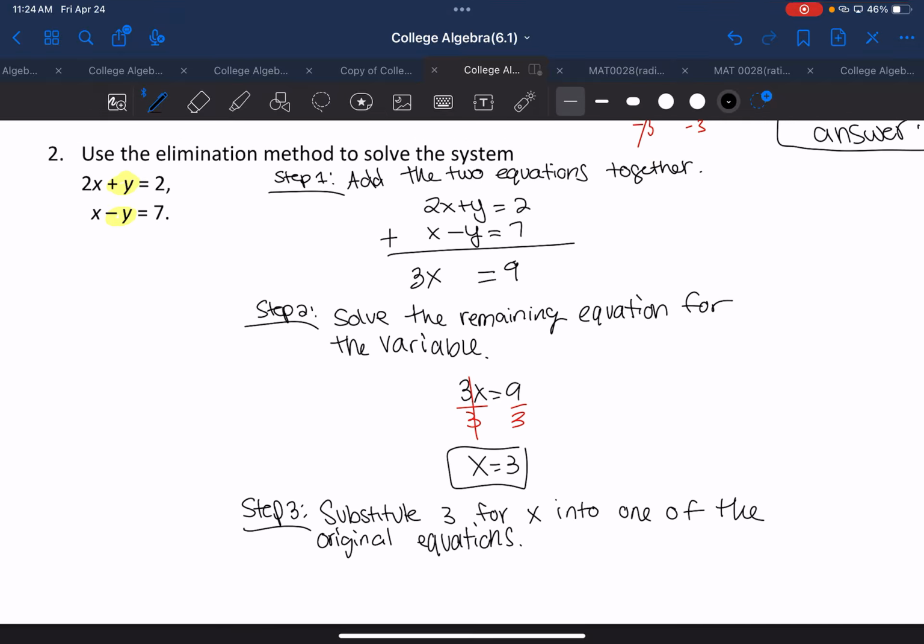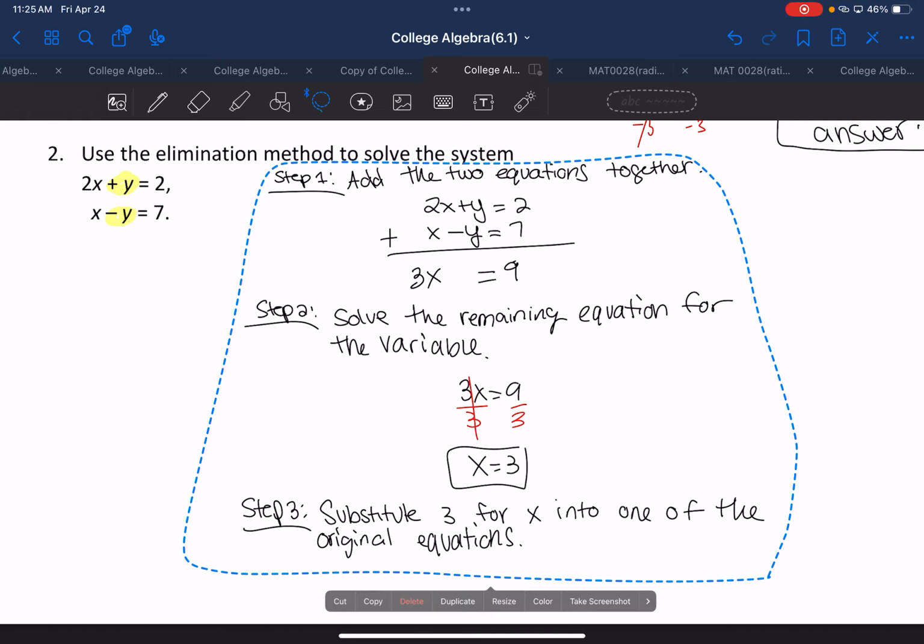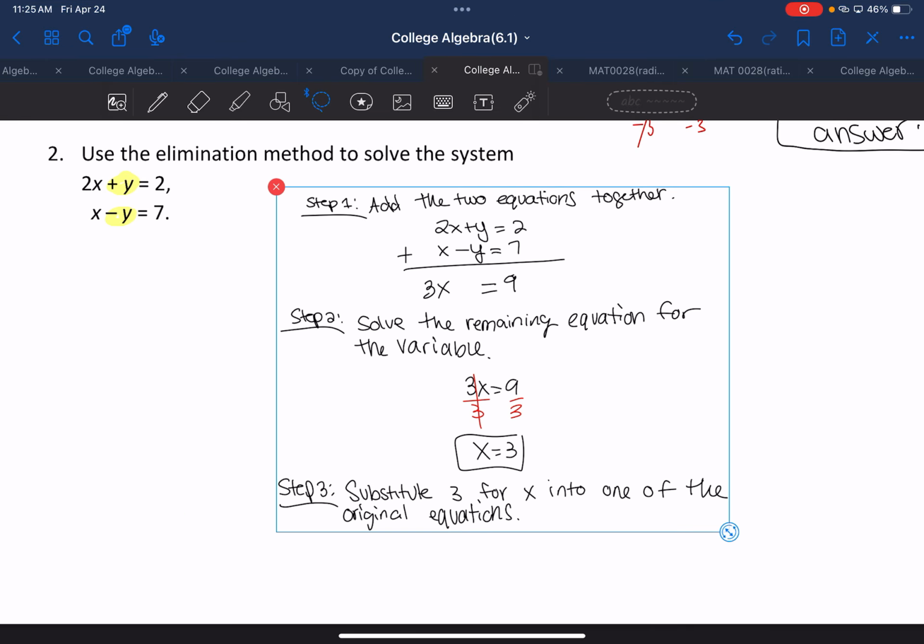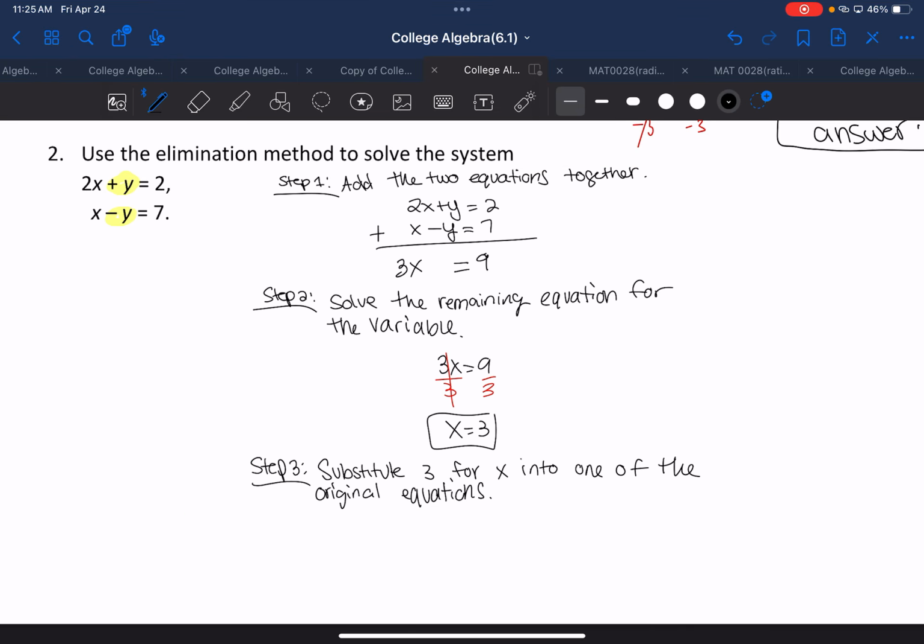So I'll just pick equation 1, but you can pick whatever you want, whatever you think's easier. So this would be 2 times 3 plus y equals 2. 2 times 3 is 6.